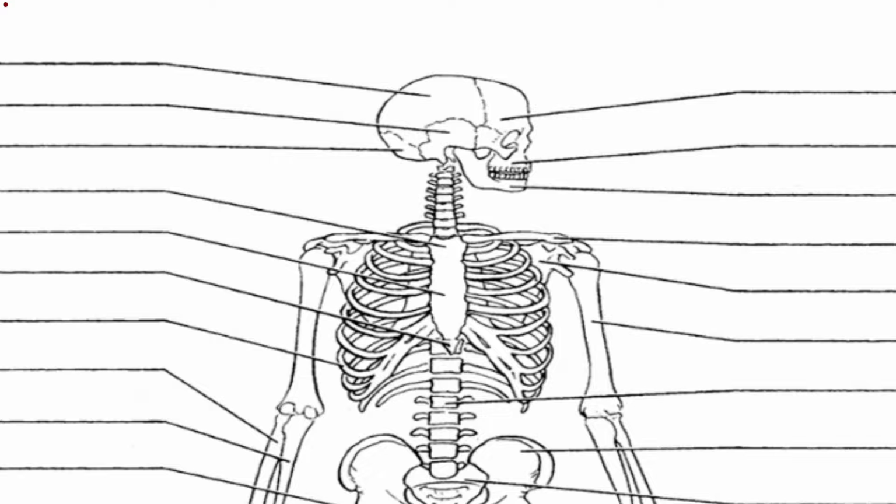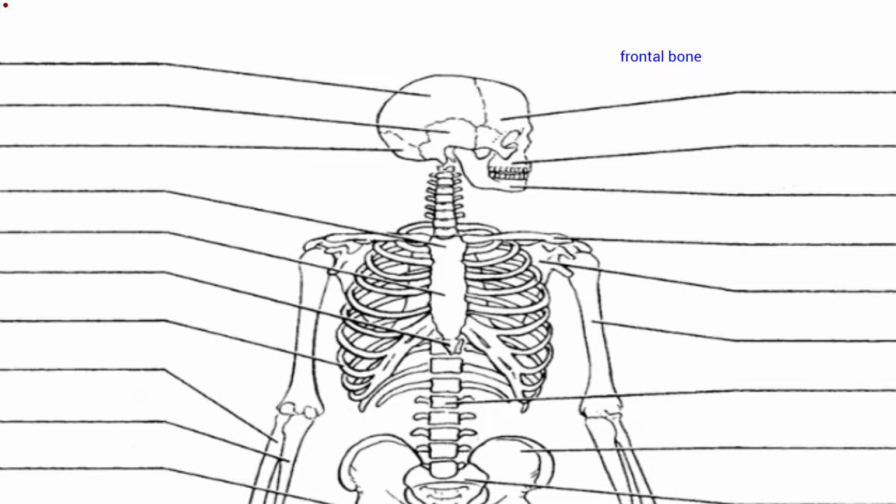So I will start here. This is the frontal bone. Again, if you need to make this bigger, hit that little thing on the corner with the 4 arrows pointing out. And so that's the frontal bone.